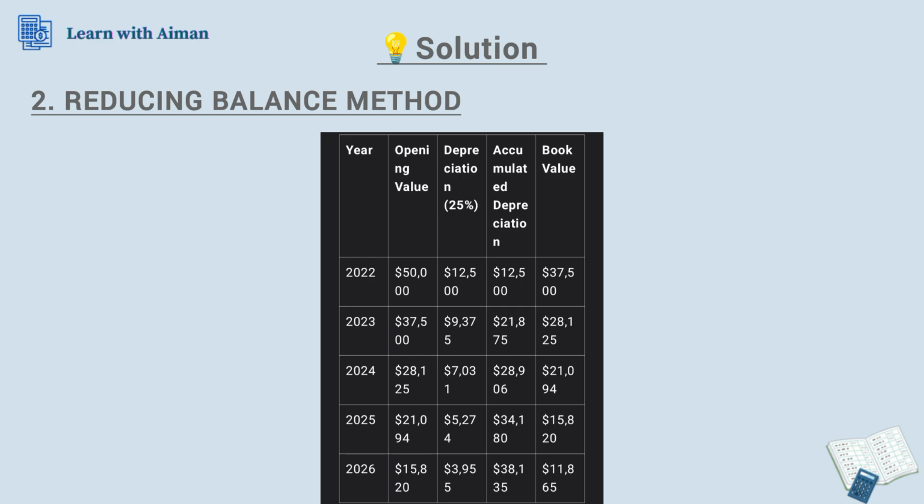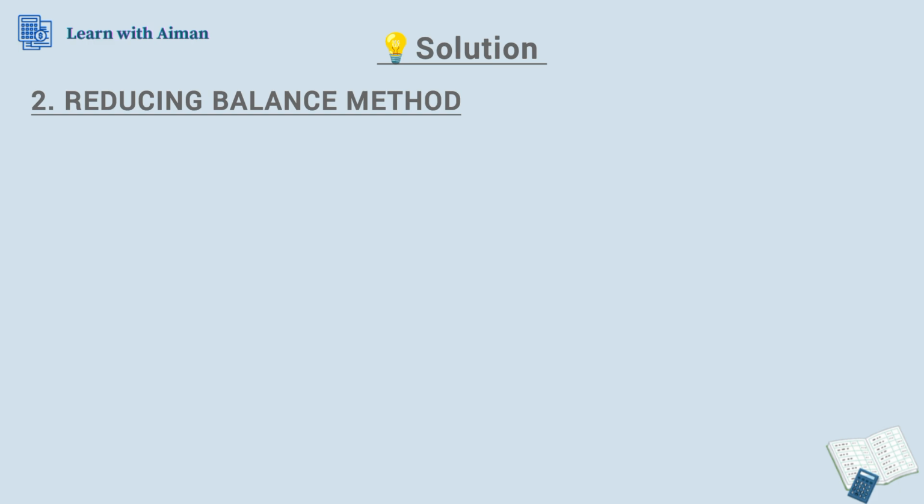Then we calculate 25% on it, and we got $7,031. Then the accumulated depreciation is $28,906, and the book value is $21,094. And so on, and we got the last book value of $11,865, which is not equal to the residual value that was provided.